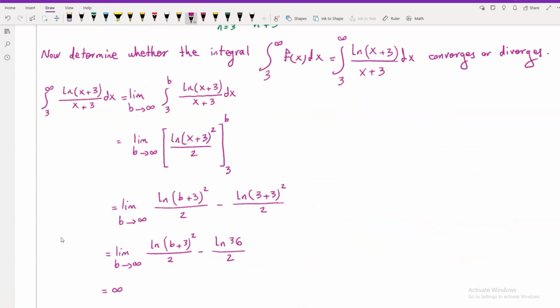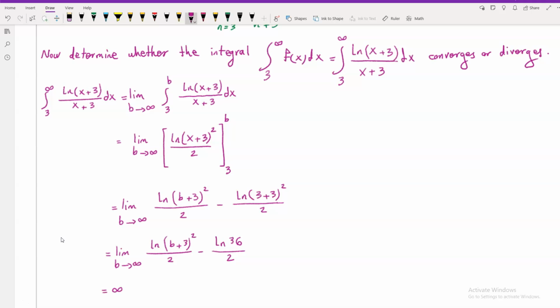Now determine whether the integral converges or diverges. The integral of natural log of (x plus 3) divided by (x plus 3) dx, from 3 to infinity, is equal to the limit as b approaches infinity of the integral from 3 to b.